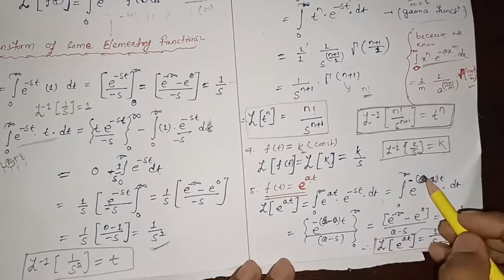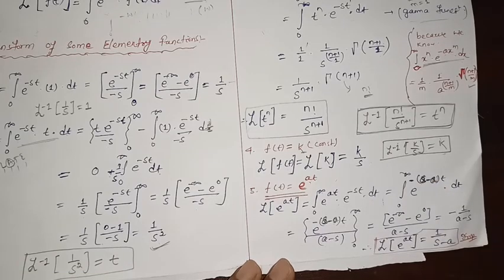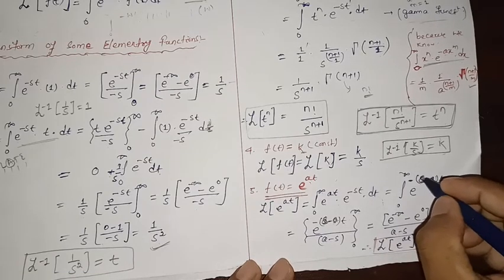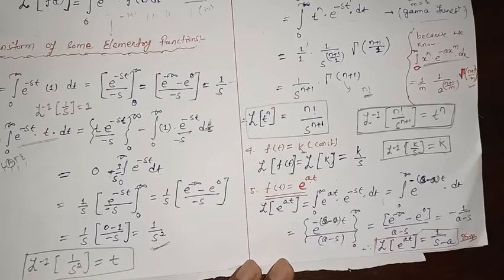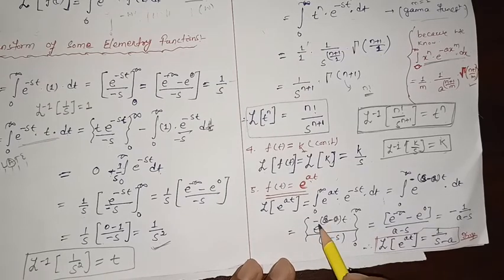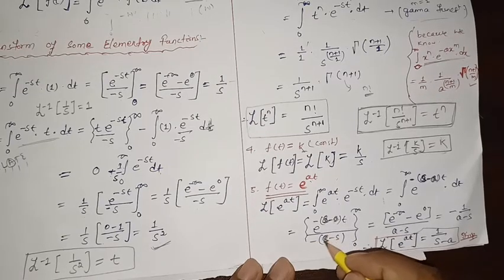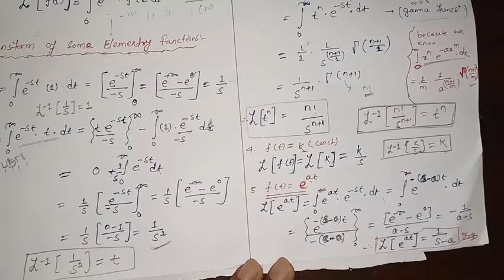So if I consider the integration of e to the power minus s minus a t dt, this will be e to the minus s minus a t by minus s minus a. Now just put the limit.